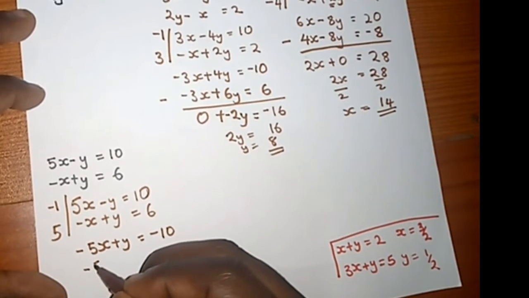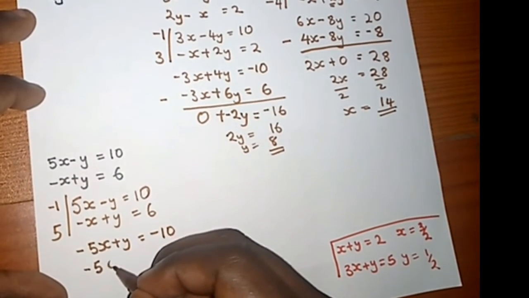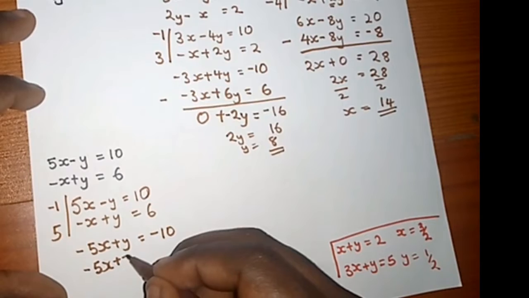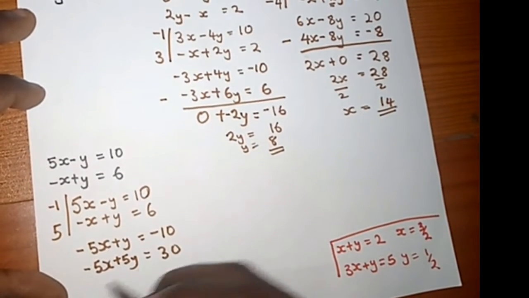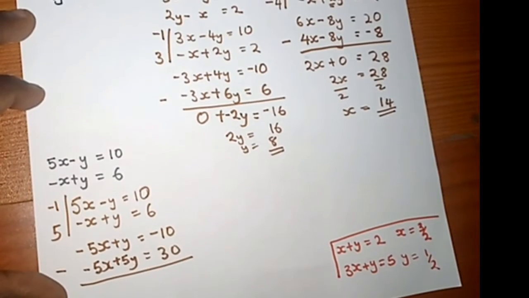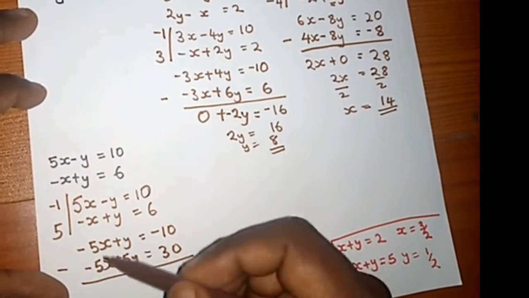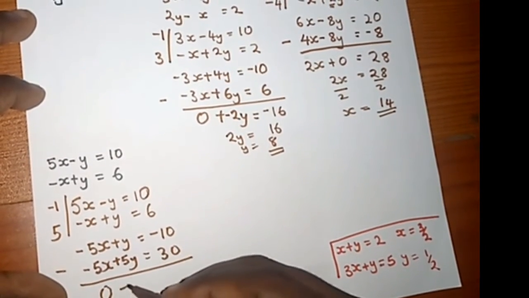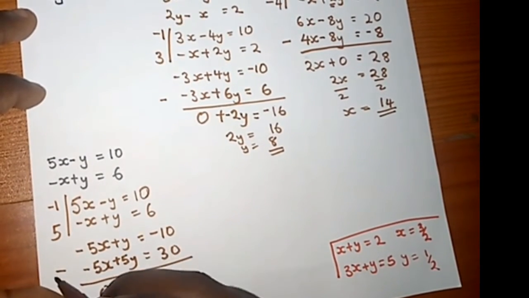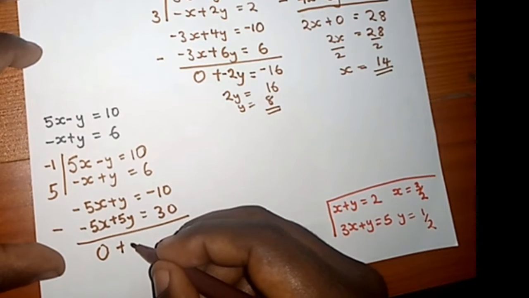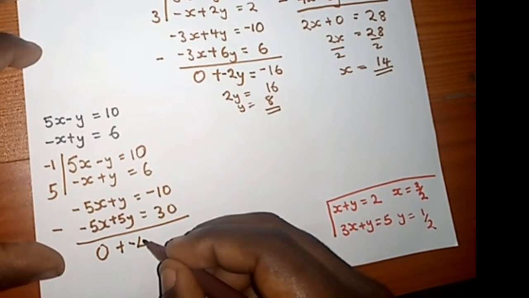So here I get minus 5x, here I get plus 5y, here I get 30. If I subtract these two equations, this one will cancel and I get 0 here, plus y minus 5y, I get minus 4y.